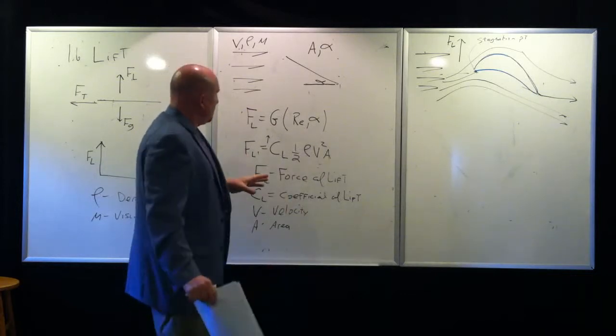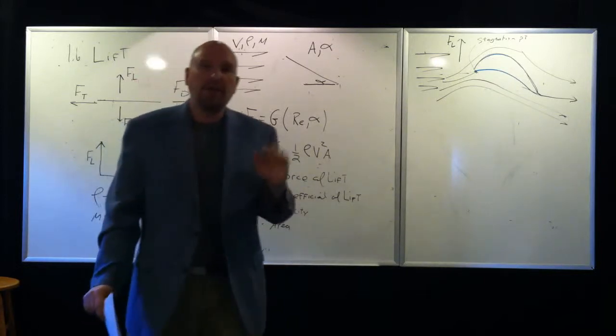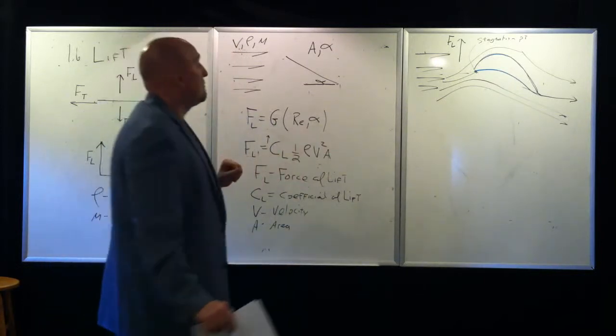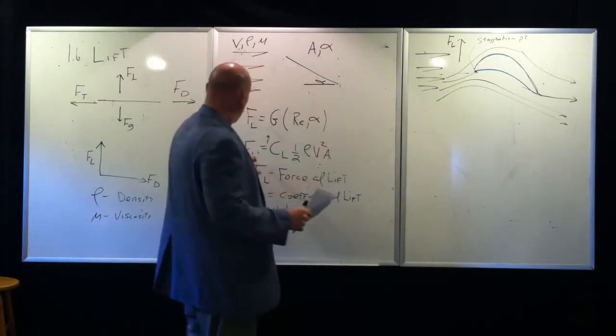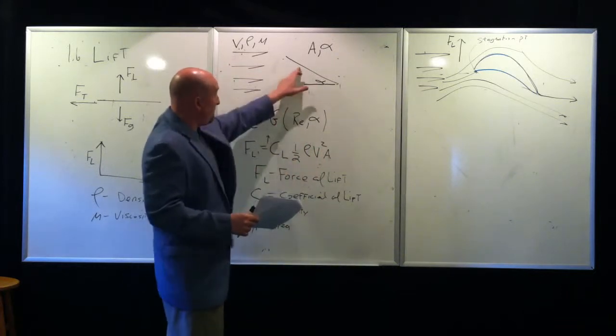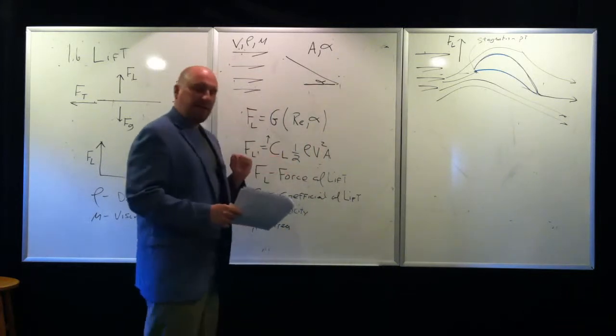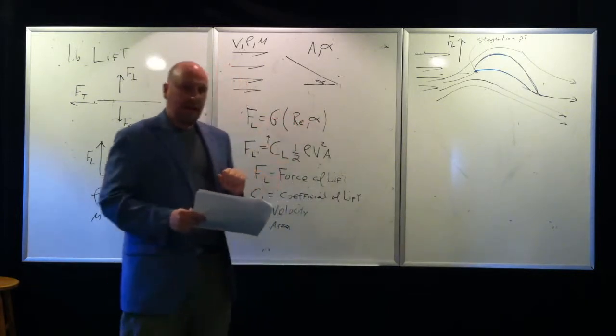Alright, well that's nice. However, how do we get the coefficient of lift? Again, this is where the course will be going, and we'll build on this, but it's experiments. You measure the force, you measure these other parameters, and then for a particular wing, you can get its coefficient of lift as a function of Reynolds number and angle.